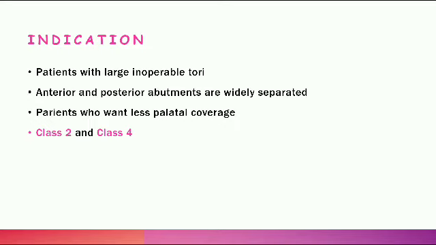But you can use double palatal bar because it is thin on both sides and covers less palate, thus more comfortable to the patient. And the fourth indication is Kennedy class 2 and class 4. Class 2 is unilateral edentulous space, whereas class 4 is a single bilateral edentulous space crossing the midline, bounded by natural teeth on both sides.